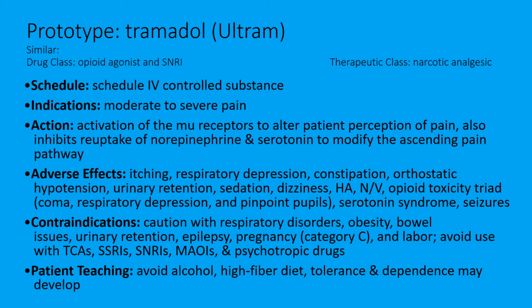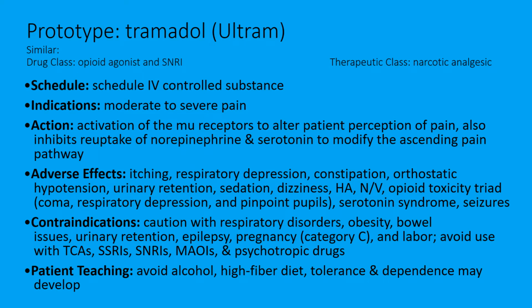Okay, so let's look at this drug for a bit. It's called tramadol, and I wouldn't say it's an overly popular drug. You will definitely see it being used though. It's considered an opioid analgesic, but it also has another property. And if you look under action, yes, it activates the opioid receptors, those mu receptors.